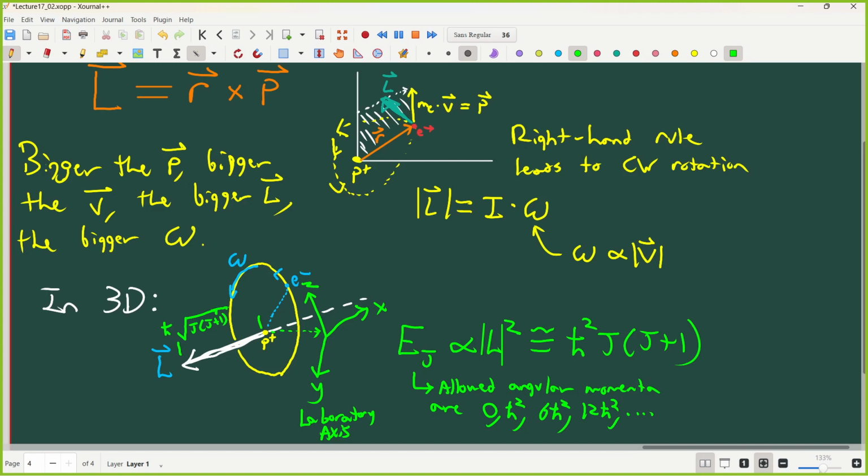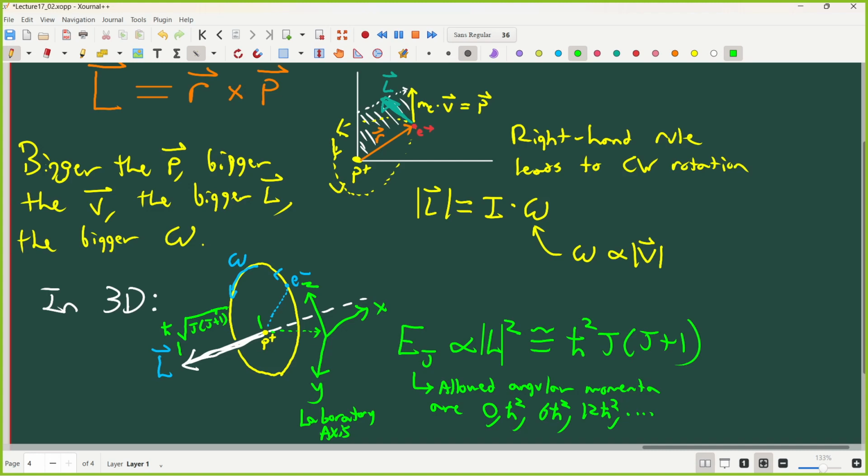That's the length of L. So the length of it is set by how much angular momentum you have or how much energy you put into it. The more energy you put into it, the bigger the angular momentum is, as we expected. So J, the total angular momentum quantum number, measures either how much energy is in the rotation or how fast it's rotating, however you want to think about it.